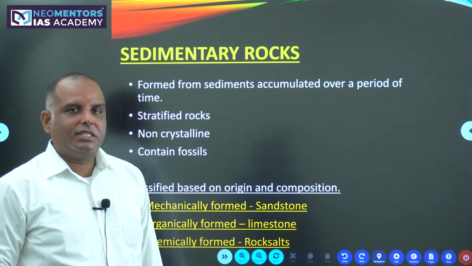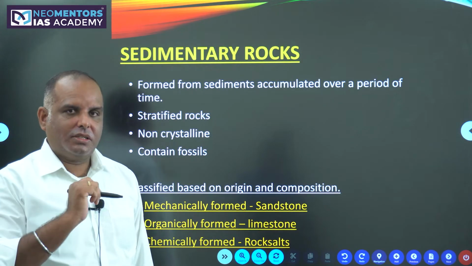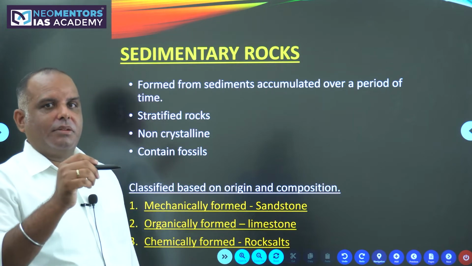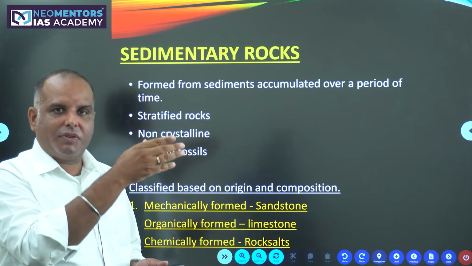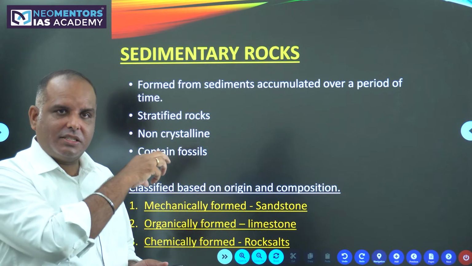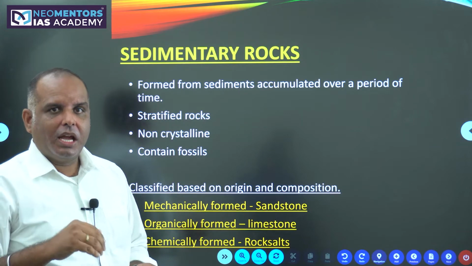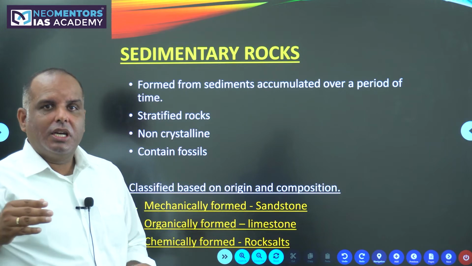Now, let's discuss the second group of rocks, which are sedimentary rocks. Now, what are sedimentary rocks? Sedimentation is a process where an agent, which could be a river or wind, carries certain material and deposits it in a particular location, and there is continuous deposition for a certain period of time.